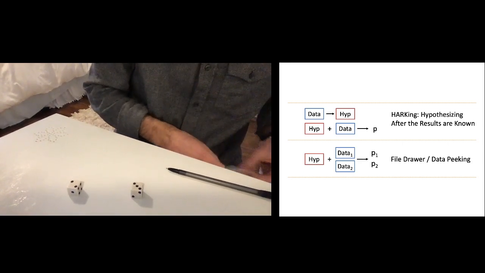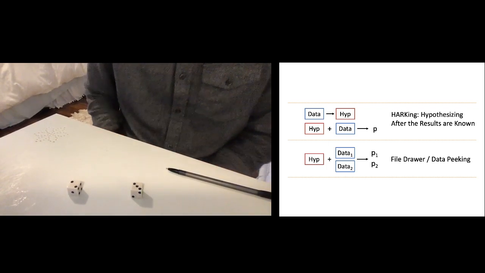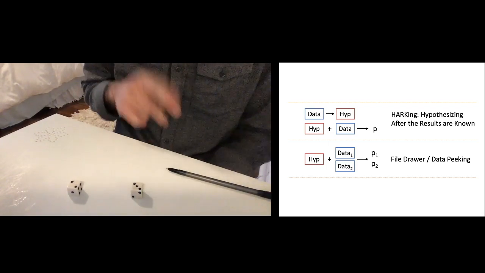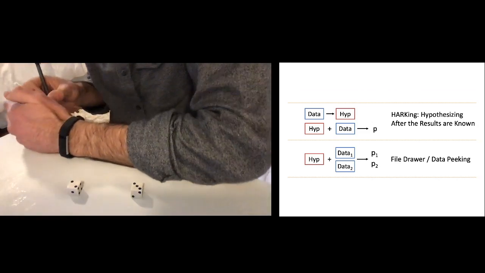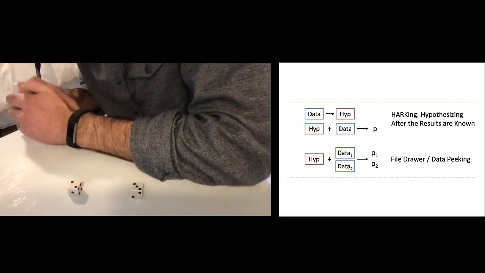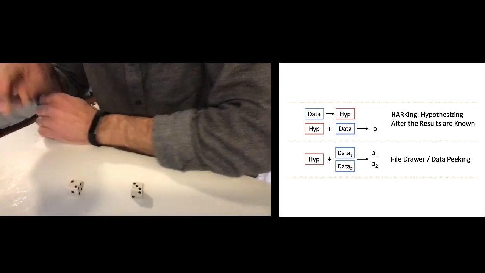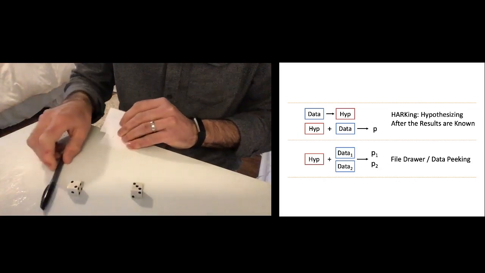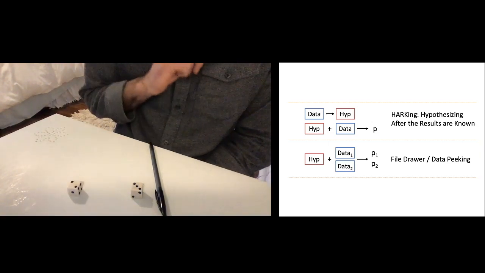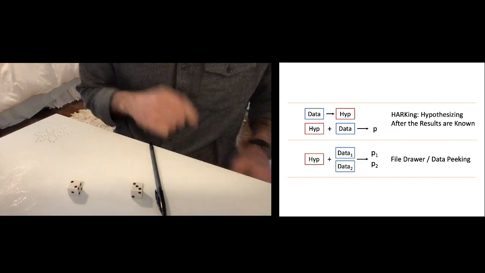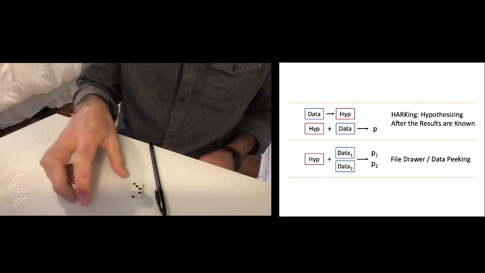So, all right, let's try this again. I'm going to write down my hypothesis ahead of time. So here's my papers here. I'm going to write something down. Okay, I'm going to put down the pen so that there's no cheating going on. And I'm just going to roll it one time, and we're going to see if the things that I wrote work or not, okay?